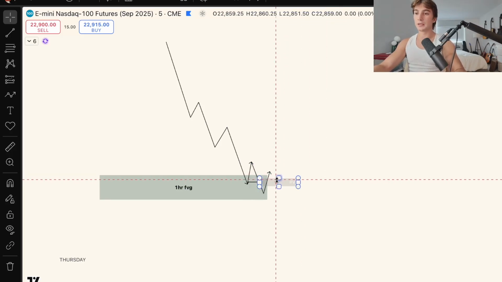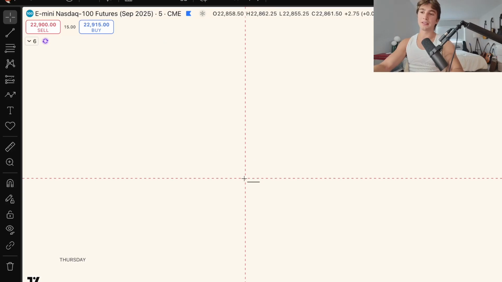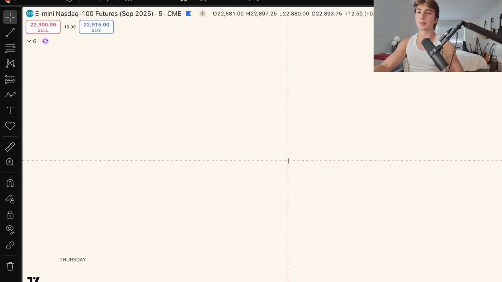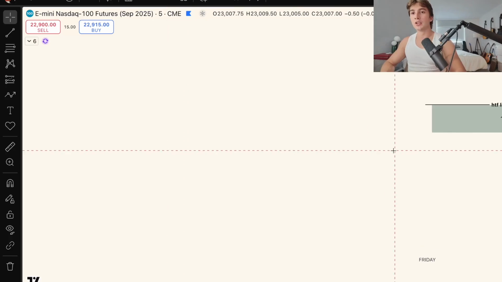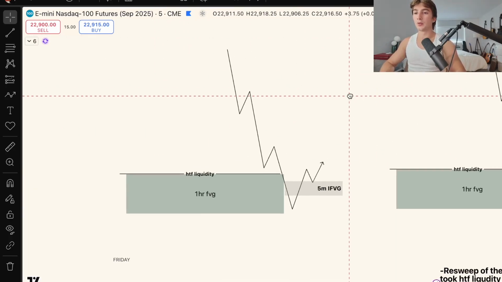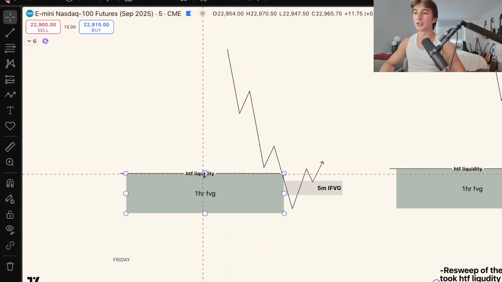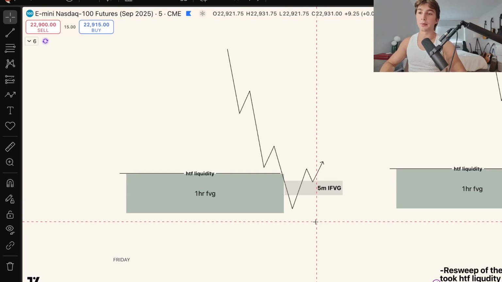So yeah, here I have 3 examples really. And I could put 20 examples if I wanted to, but these are the 3 most common. First example, this is one way you can validate structure. One way is if you tap into a higher time frame key level, let's say you swept London lows and you tapped into a 1 hour bullish fair value gap.